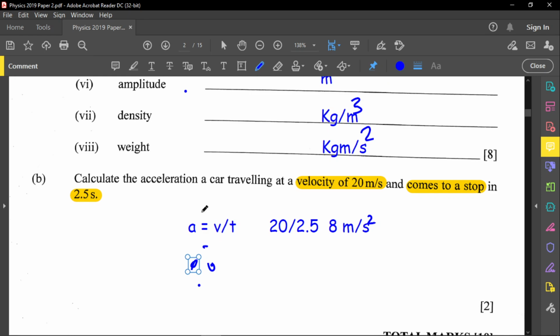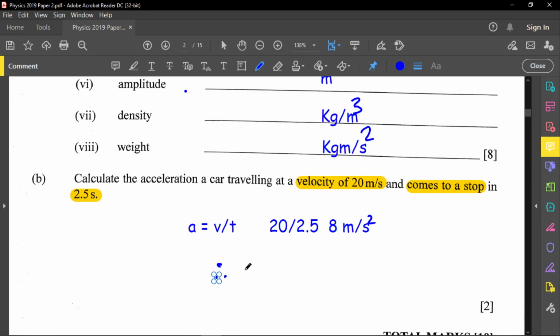Let me just erase that. That's not looking too nice. Okay, let me just put it properly for you. So we can say, since the car is decelerating or coming to a stop, the acceleration will have a negative value.